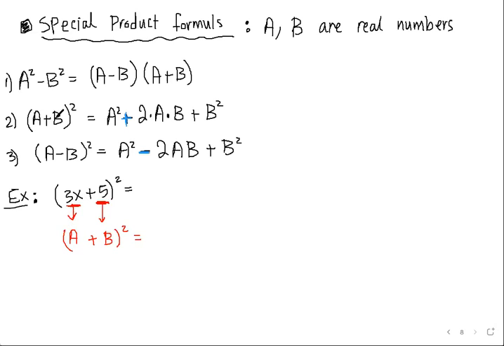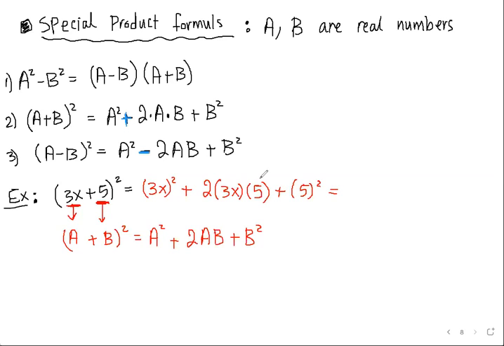By using the second property, the first term A squared plus 2 times the first times the second plus the second squared. So how can you help me for this one? 3x everything squared inside parentheses, plus 2 times the first one 3x times the second one 5, plus 5 squared.